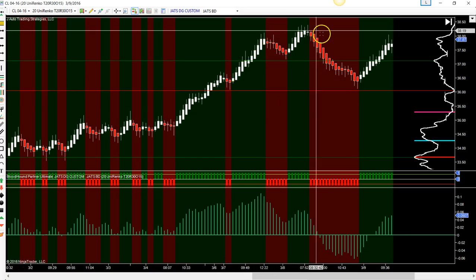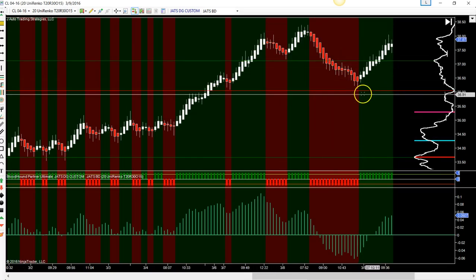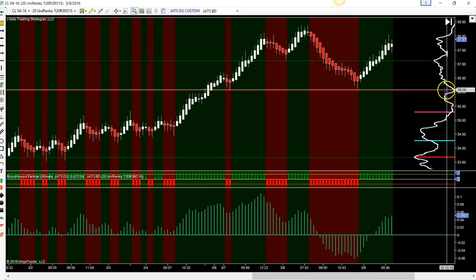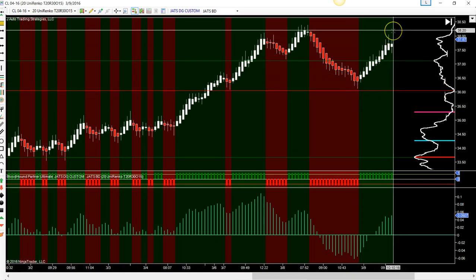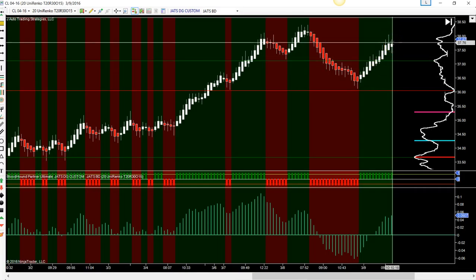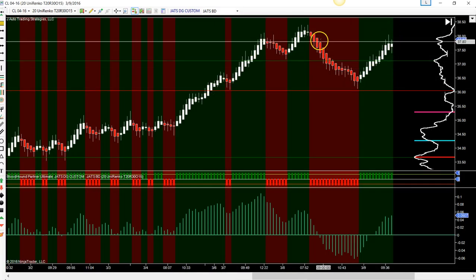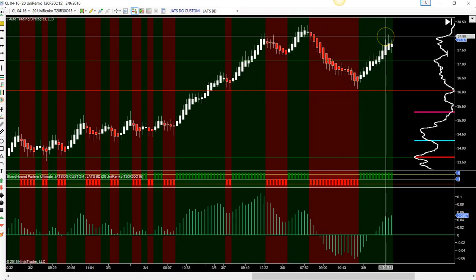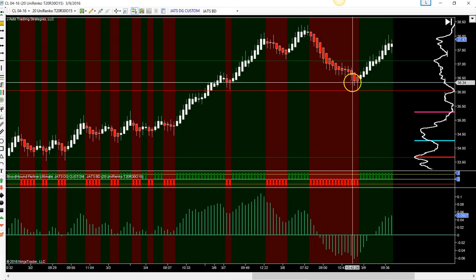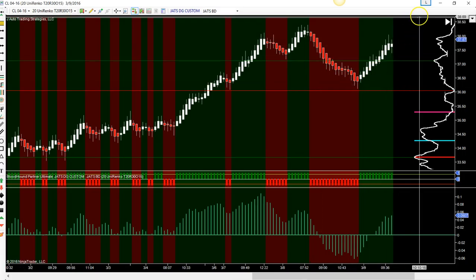You can see that when price pulls back, it pulls back to a low volume area. And if it rejects that low volume area, it's going to take off again. Okay, so our first pullback took off again. So this may end up becoming a breakout on Monday.